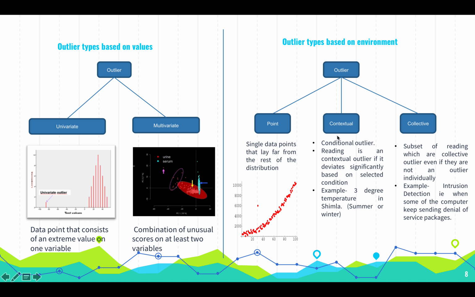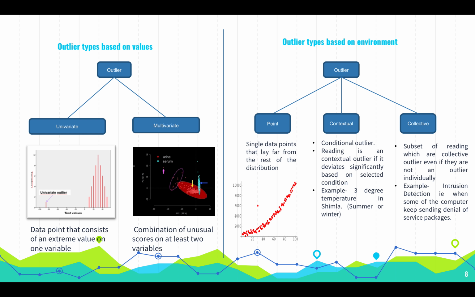Like if I'm studying temperatures of various parts of India in various seasons, and I suddenly see that for Shimla the reported temperature is 3 degrees, if I don't know about India, I would say no, the overall temperature in India is around 20 to 40 degrees, how is 3 degrees possible?